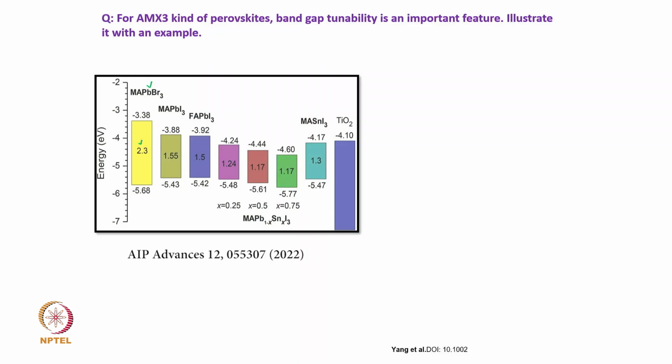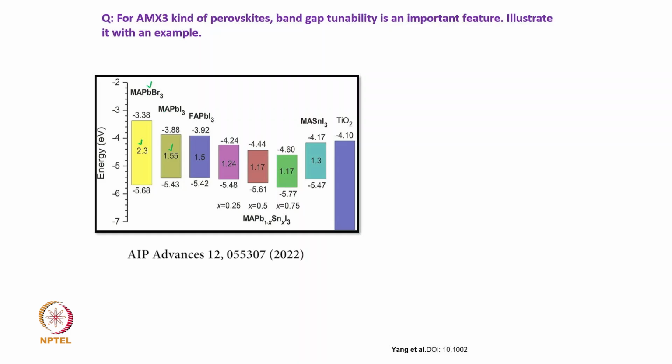Okay. So, now what one can change? One can change this halogen, this bromine by iodine, and it is MAPbI3. Okay. So, just change the halogen element here and immediately you can make a significant change in the band gap and it becomes 1.55 electron volt.